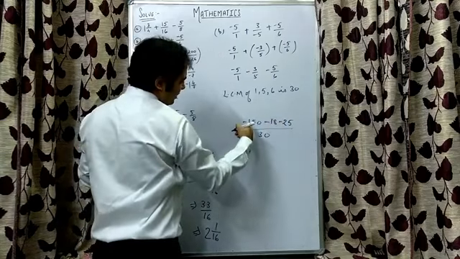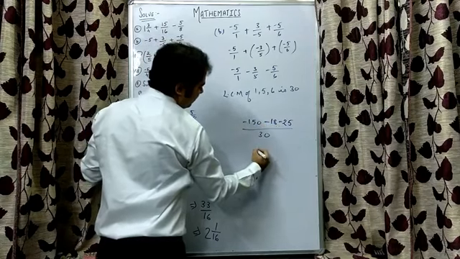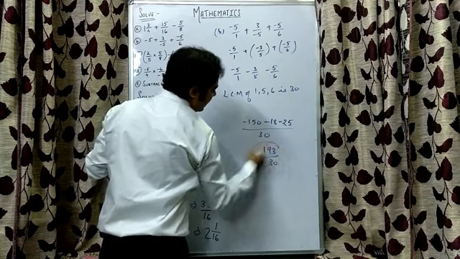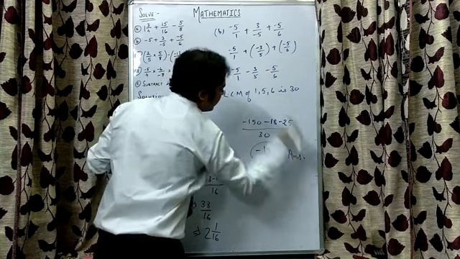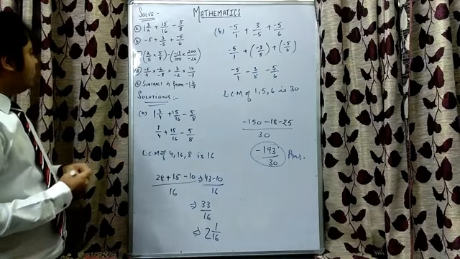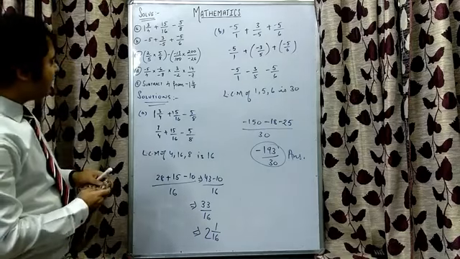All are negative. 150 plus 18 is 168, plus 25 is 193. Minus 193 by 30 is our answer. Right?